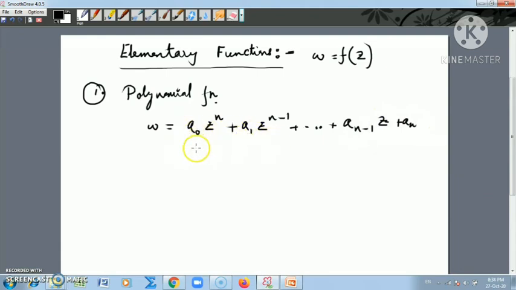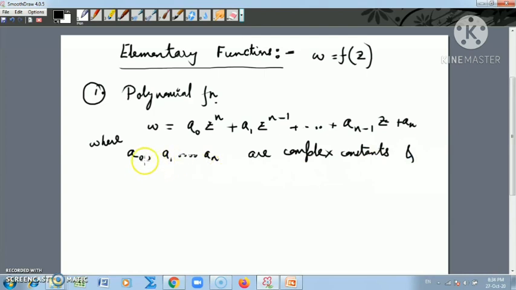You see, it's like this. It may be a naught, may be some constant. So you see, what are these? a naught, a1 up to a n are complex constants, and n is a positive integer.